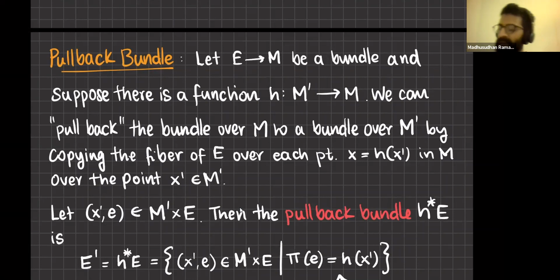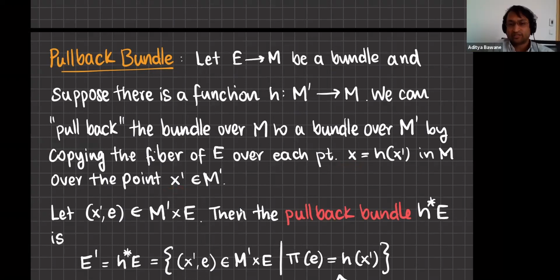The way we do that is by copying the fiber of E over each point X. Because of this map, each point X on the manifold is now H of X prime, where X prime sits in M prime. And what we do is copy the fiber of E over the point X over the point X prime.